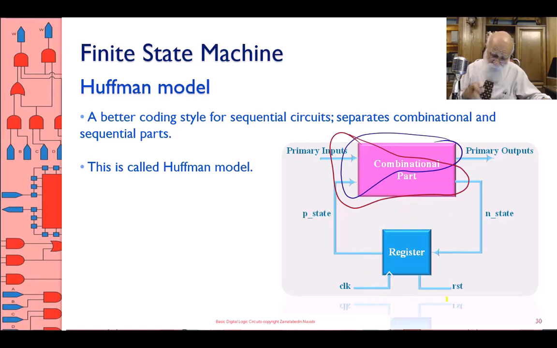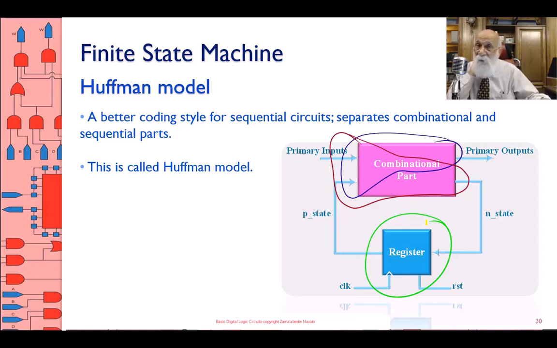Okay, these three blocks are concurrent blocks in a Verilog module description. You can do all three of them using always statements, or if it's a simple one, you can do that with an assign statement, which we did for the primary outputs.